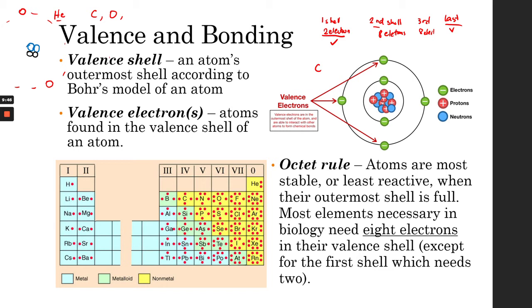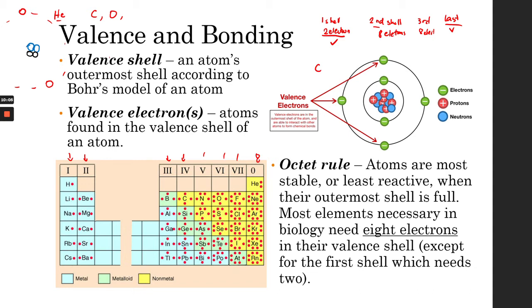So if you look at here, the red dots that you're seeing are actually the electrons present in the outermost shell of an element. So we have group 1, group 2, group 3, 4, 5, 6, 7, and then our group 8.